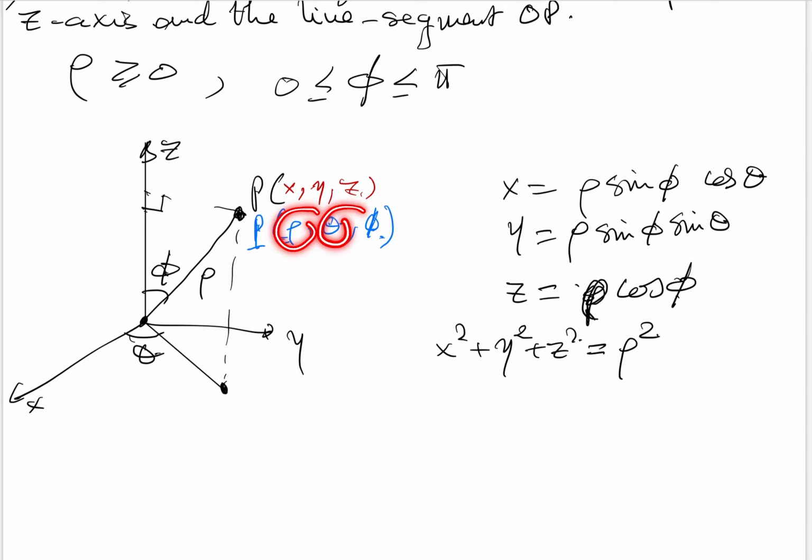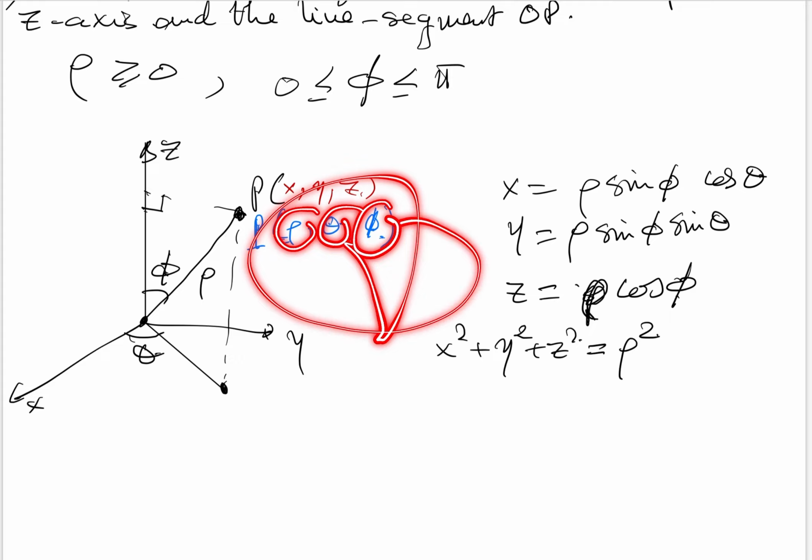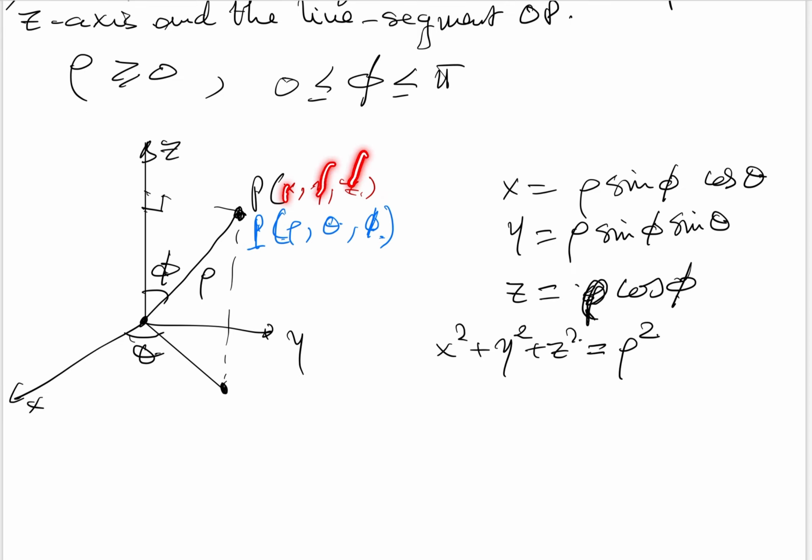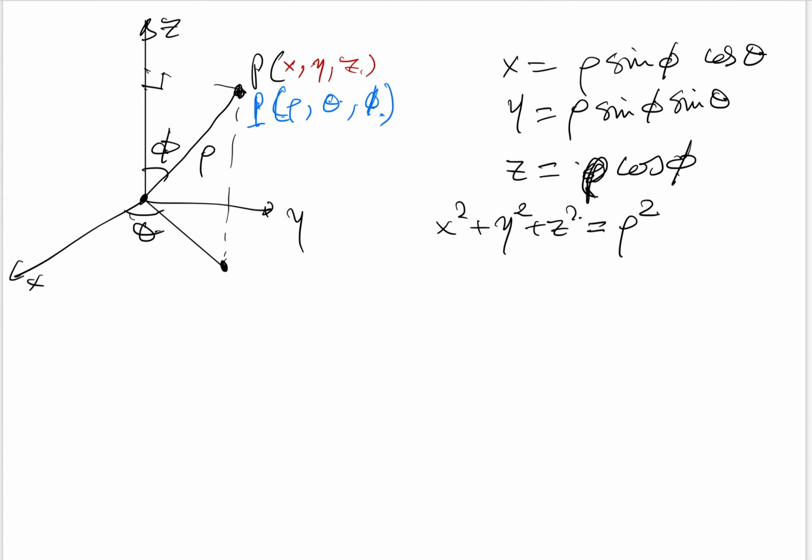Got it? And the relationship is right here between x, y, z and rho, phi, theta: x squared plus y squared plus z squared is equal to rho squared. Just let me give you one example.